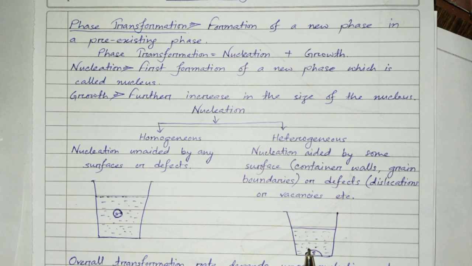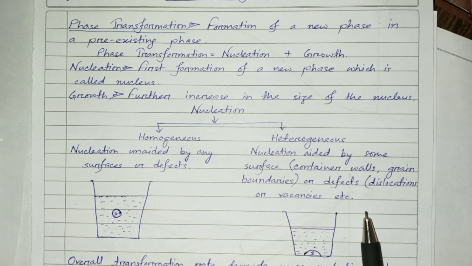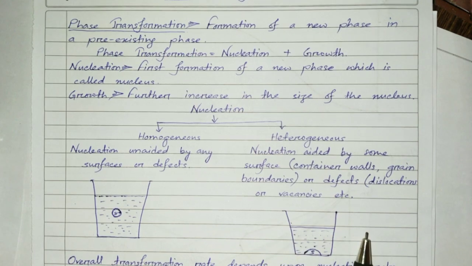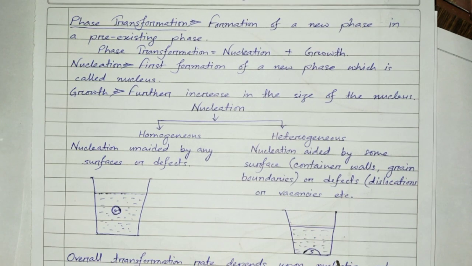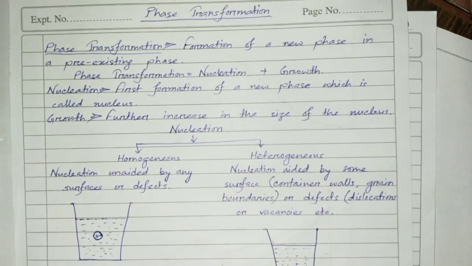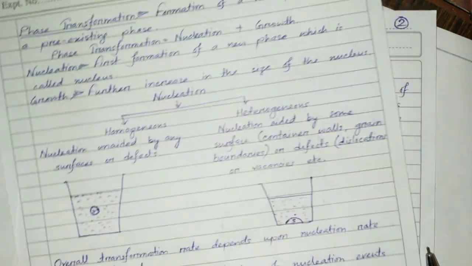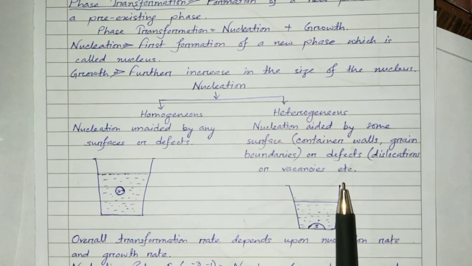Similarly, if you take a glass of ice and keep it in a room, you will see that the ice adjacent to the sides of the walls of the glass will turn into liquid first, and then the middle part will transform into liquid. So in general, heterogeneous nucleation takes place.